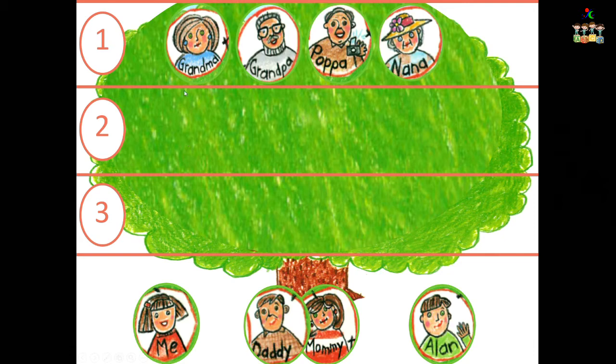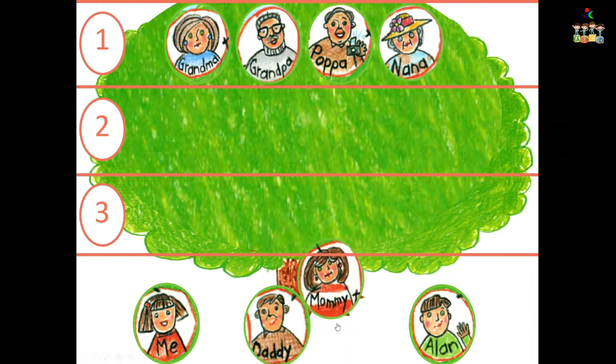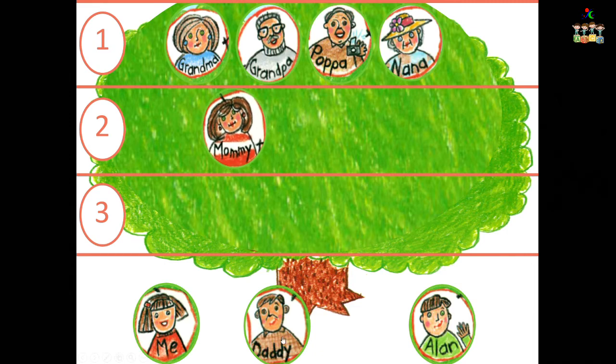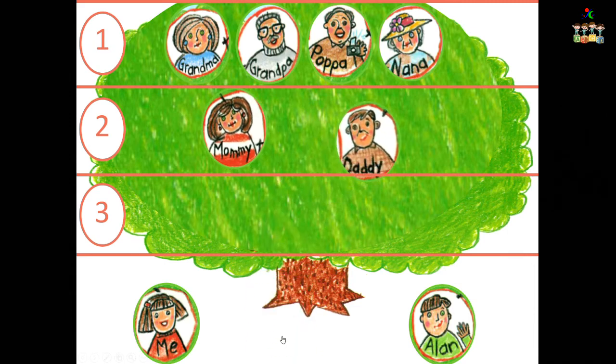It will probably be their children, right? And who are their children? Mommy and Daddy, right? Mommy is their child and Daddy is their child. Now, who goes in line 3 at the bottom?